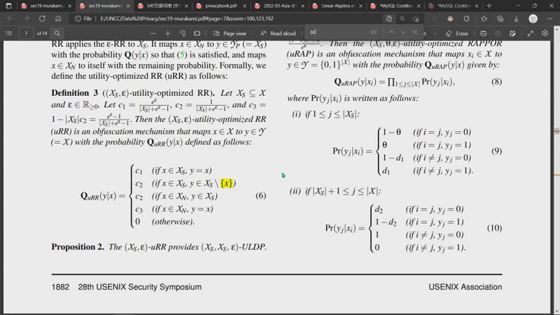It's basically C1 minus C2, which is basically C1 minus 3 C2, which is equal to, which means when X is non-sensitive and Y equals X, then it just doesn't change anything.